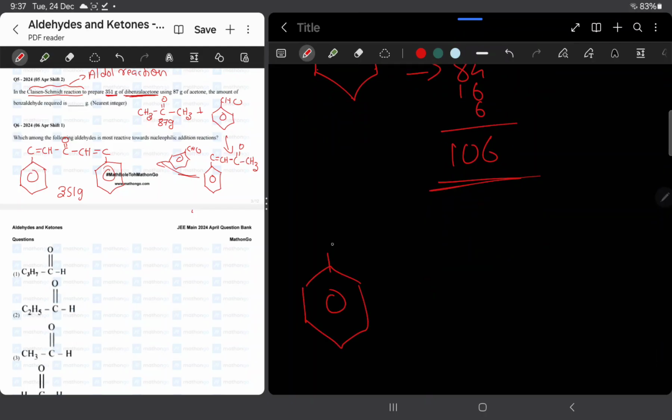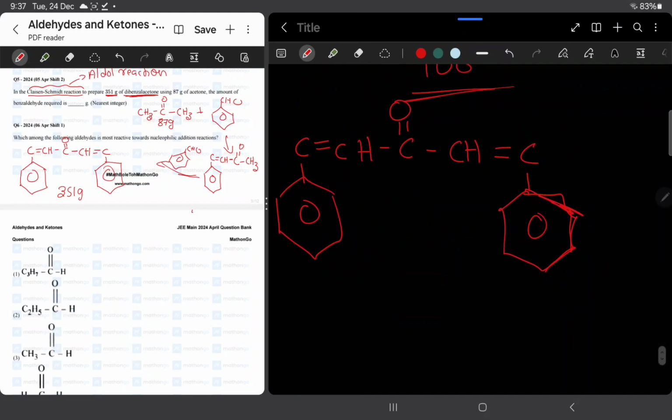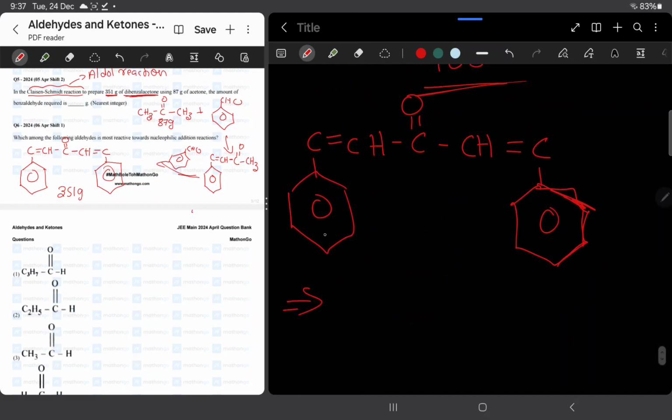What's the mass? Sorry, this is benzene, it seems like some other thing. It's a problem. Okay, benzene. Calculate. How many C's are there? 12 into 5, 60, plus 11.